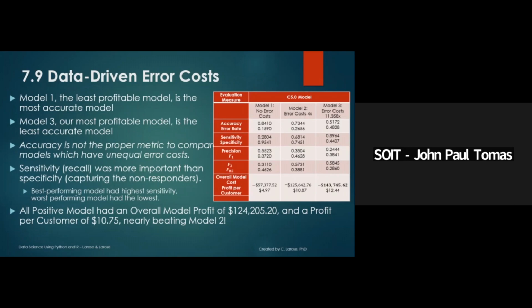Now, the thing here is that even though you have a very accurate model and you compare that to your Model 3, which has about 51% accuracy, you need to refer to the overall model cost and the profit per customer. Okay?